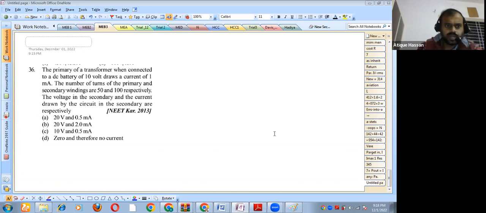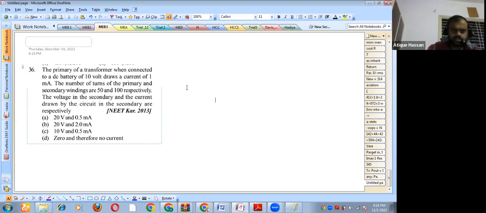The question says the primary of a transformer when connected to a DC battery of 10 volt draws a current of 1 milliampere. The number of turns of the primary and the secondary windings are 50 and 100 respectively. The voltage in the secondary and the current drawn by the circuit in the secondary are respectively. So N1 and N2 are given.